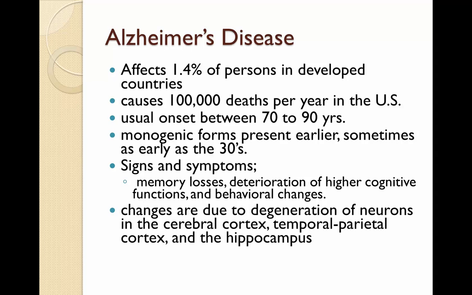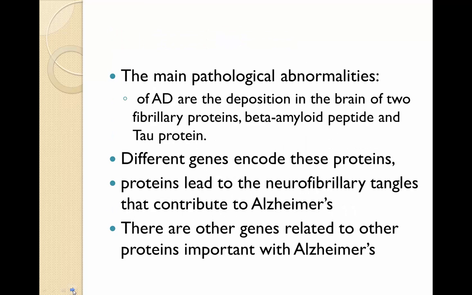What causes this is a degeneration of the neurons in our cerebral cortex, within the temporal parietal cortex, and within our hippocampus. A lot of tongue-tying words. So what is our pathological abnormality? It is that we have the deposition in the brain of two particular fibrillary proteins, a beta-amyloid peptide and a tau protein.